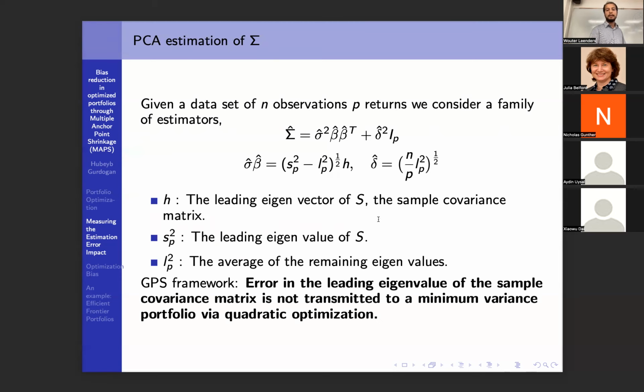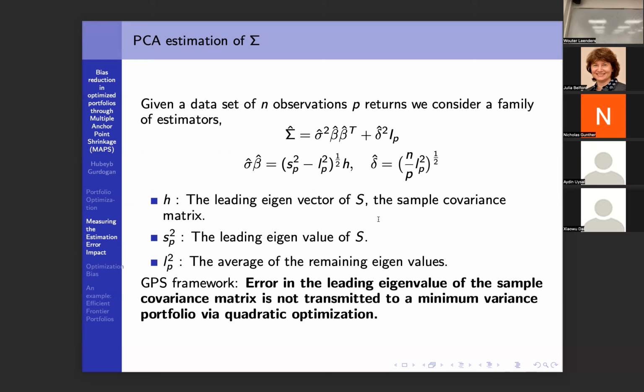And how do we estimate this covariance matrix? If you look at our estimator, capital sigma hat, we are using n observations and p returns to come up with capital sigma hat. This follows the same rank one covariance structure of the true covariance matrix, only replacing sigma by sigma hat, beta by beta hat, and delta by delta hat.